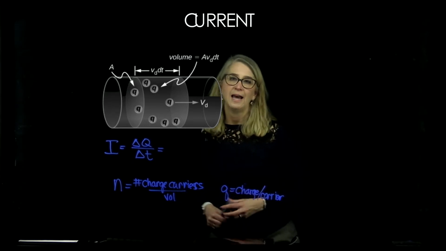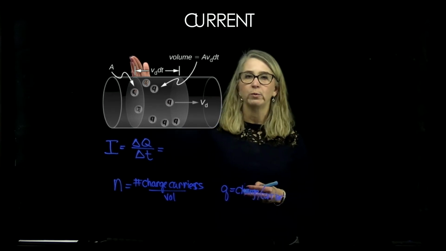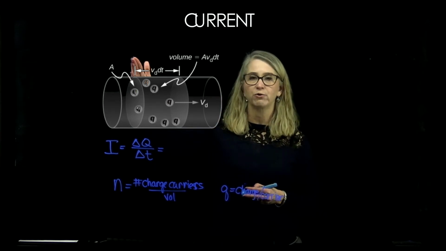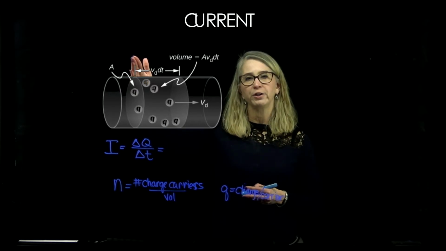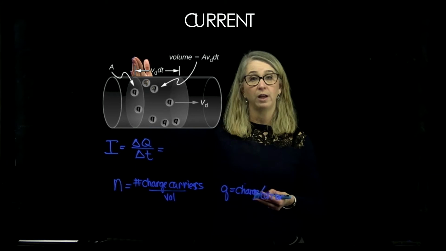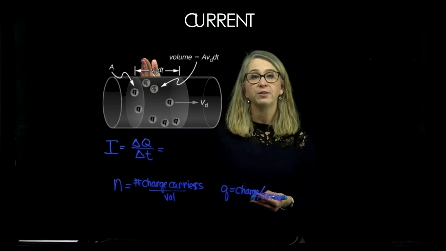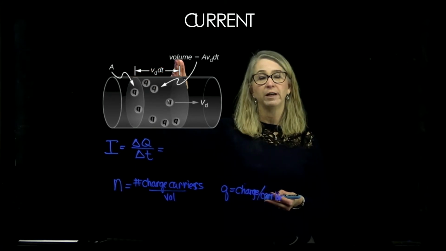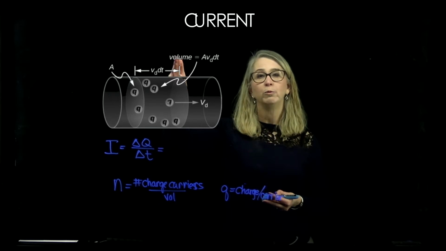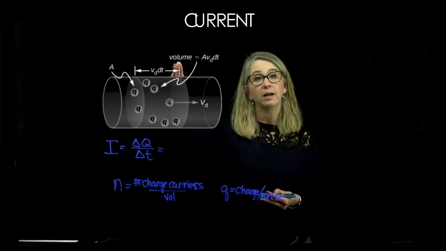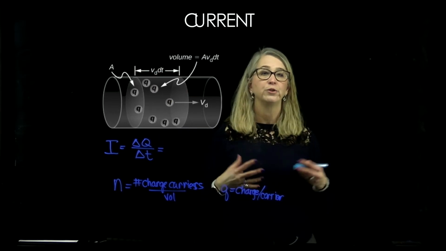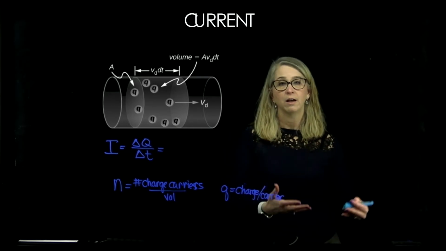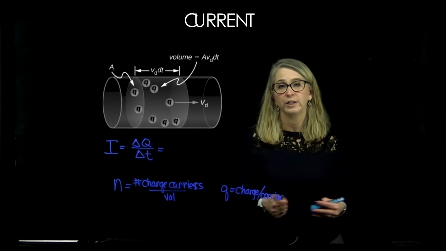Now what's going to happen is, if we imagine we started our stopwatch right here, and the average speed of a charge carrier is equal to its drift velocity, the distance it'll travel in the amount of time that I have my stopwatch running will be that speed times the time. So that's why this horizontal thing is labeled as the drift velocity times the time, because that's how far they're going to go.